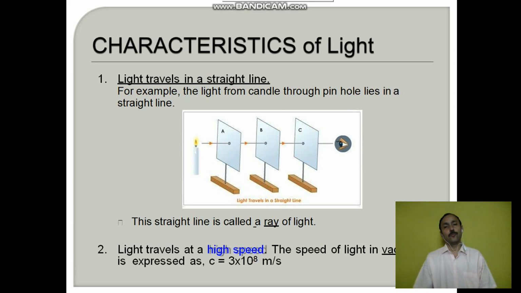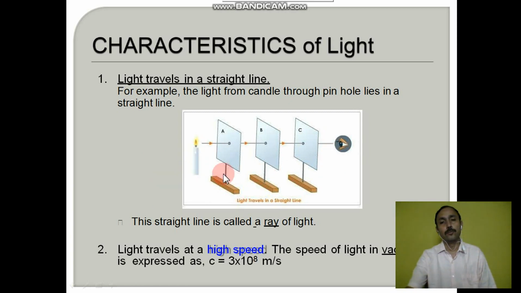We know that light travels in a straight line. The experimental setup is like this. There is a candle and cardboards with holes A, B, C in a straight line. If our eye is here, we can see the light from this point. If our eye moves, we cannot see the light.